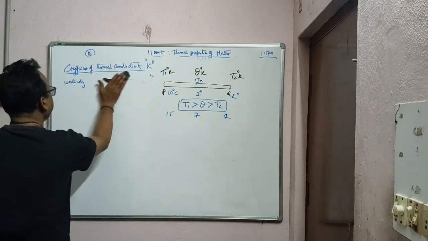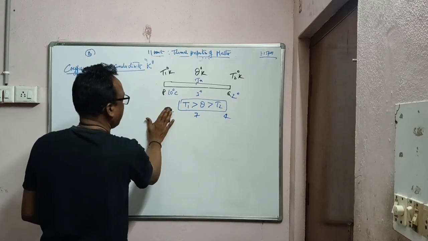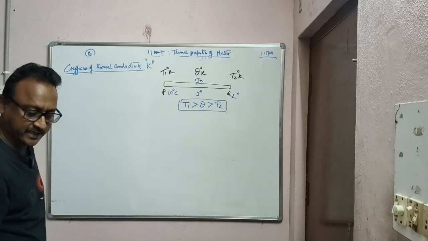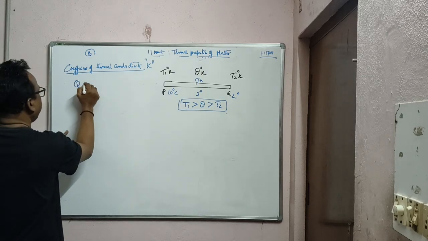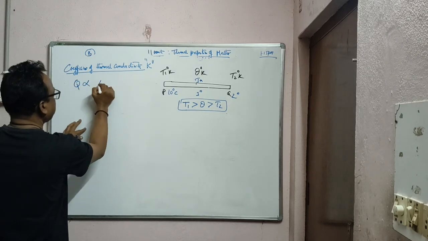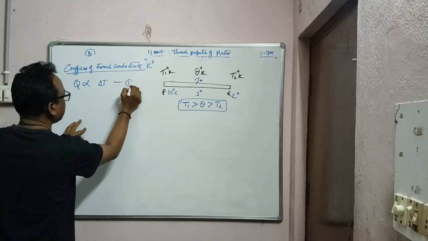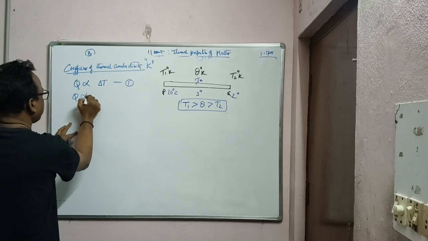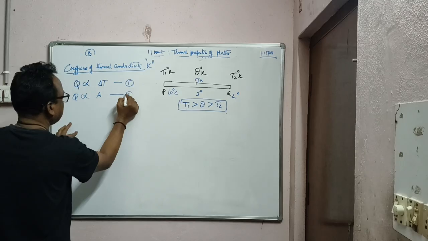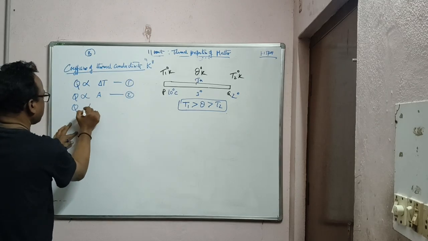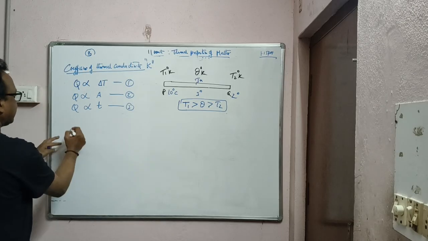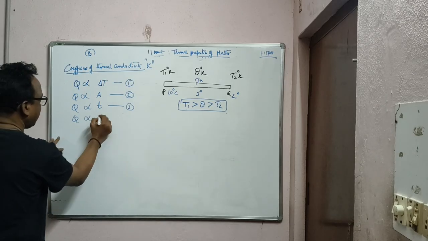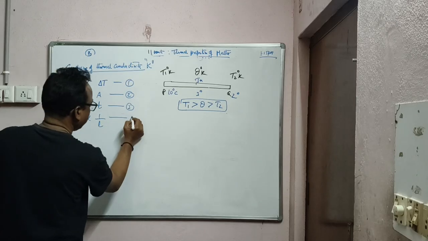Now we will see what is the coefficient of thermal conductivity of the material. The quantity of heat flowing is directly proportional to the temperature difference delta T. It is directly proportional to the area of cross section, directly proportional to the time, and inversely proportional to the length of the rod.